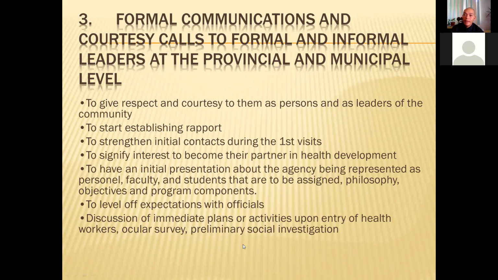So they might be expecting that upon arrival, we're going to give automatic medical services immediately. So we have to tell them we have to plan first, we have to gather data. Thus, if they know that we need to gather data, they might have data already.